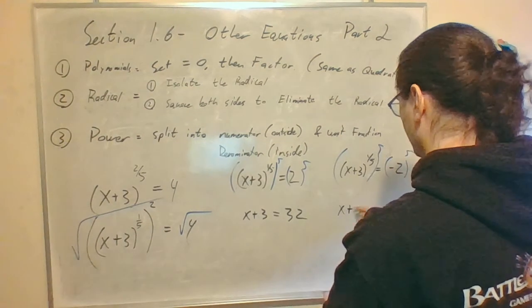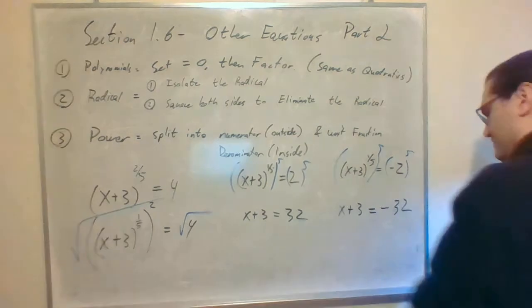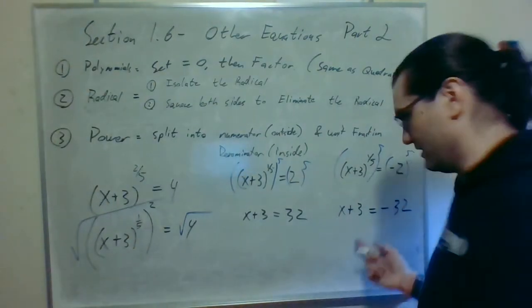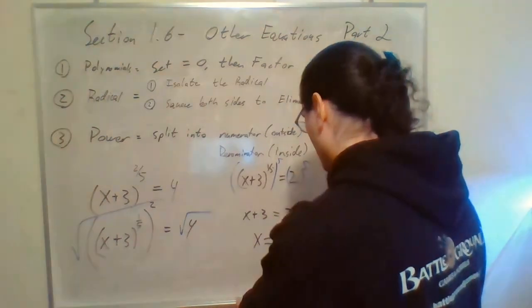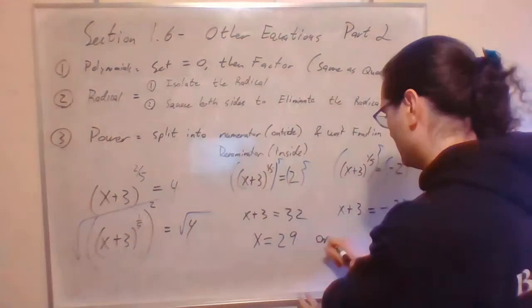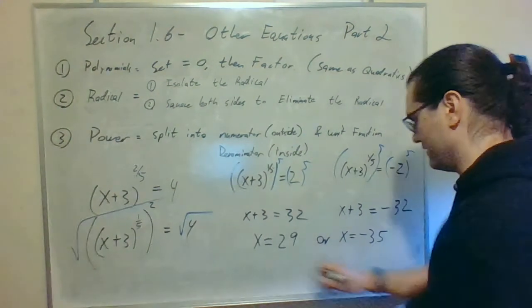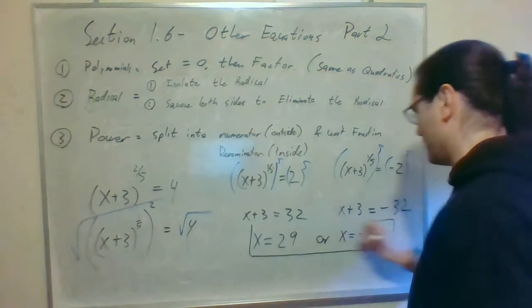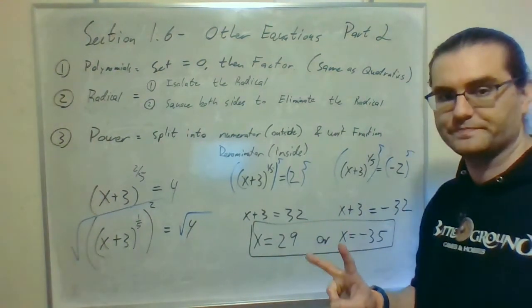We get an x + 3, except this time it might be -32. And then we just subtract the 3. So x is maybe 29, or x is -35. This power equation has two solutions.